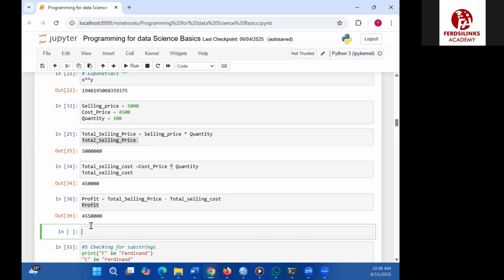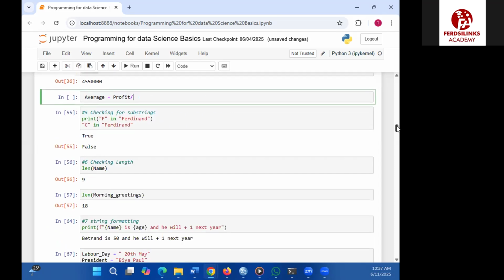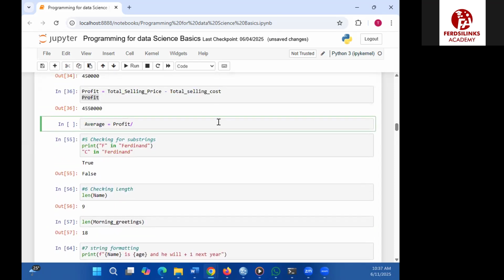So to do that, say average profits is the same as profits divided by quantity. So we use the division sign. Quantity.